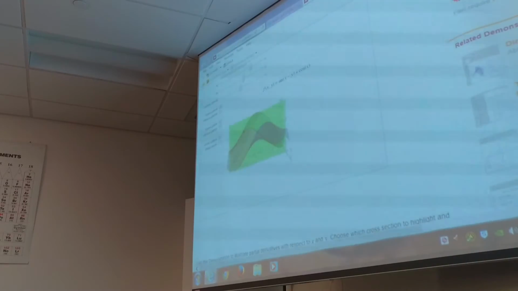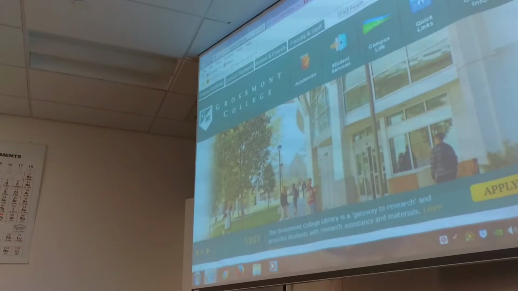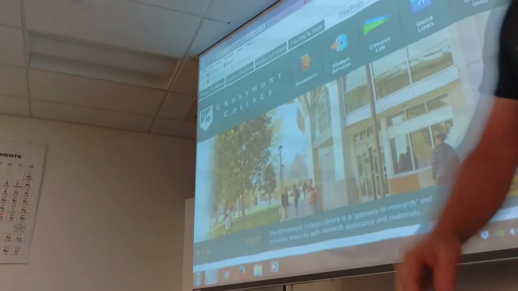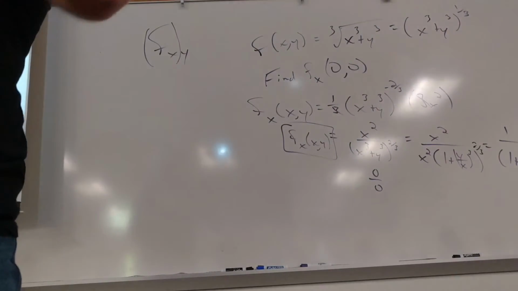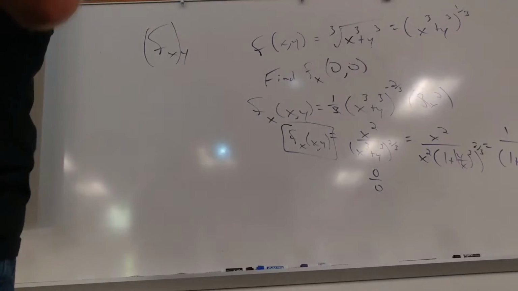Okay, so those are two quick computer-generated things I wanted to show you. It's way better than anything I could try to draw. So we're going to get into the nitty-gritty now about how to actually get the equation of the tangent plane. And going back to basics, what do we need for the equation of a plane, any plane? Two things.